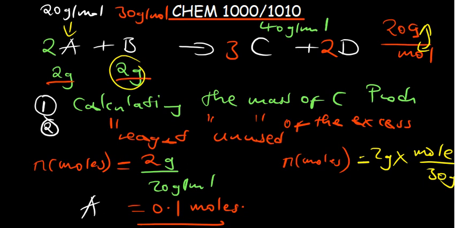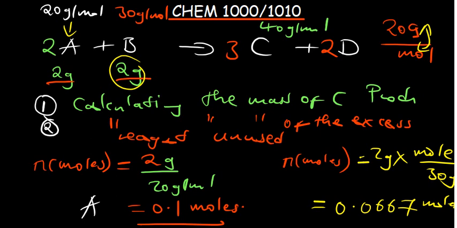Calculator. So you can help us do the calculations if you have a calculator with you. So 0.067, that's fine. So we have our moles for A and B.